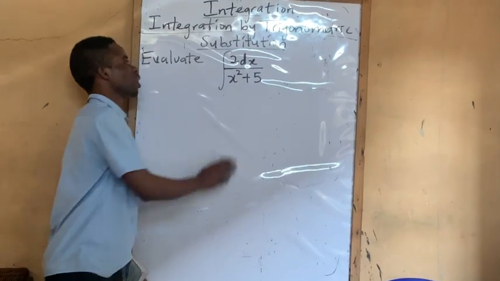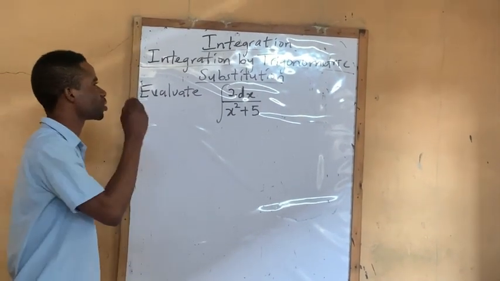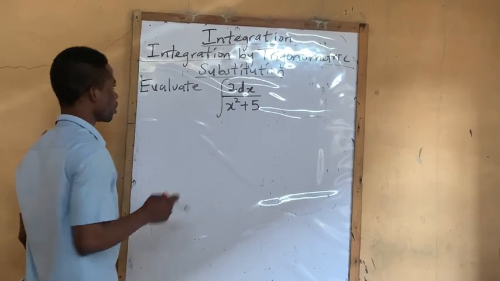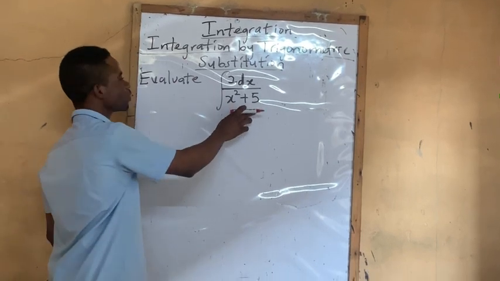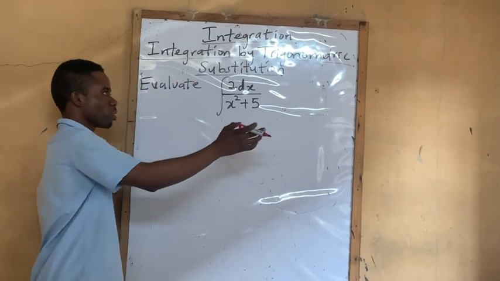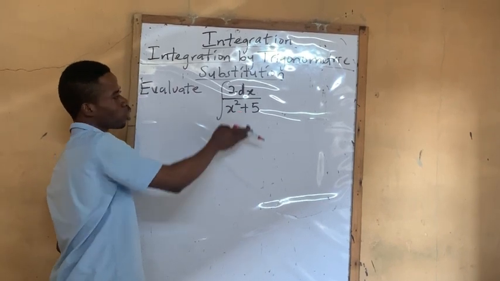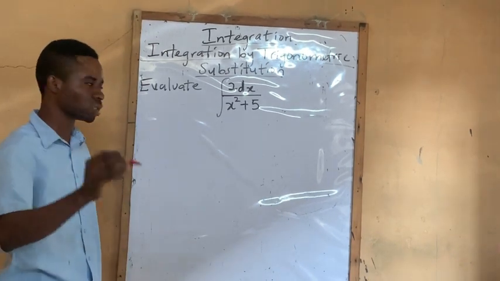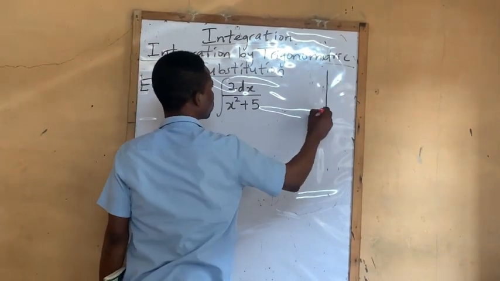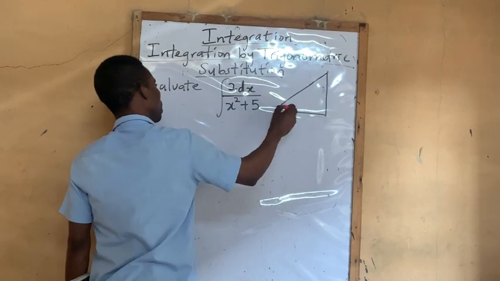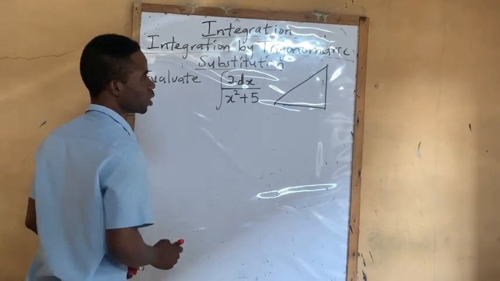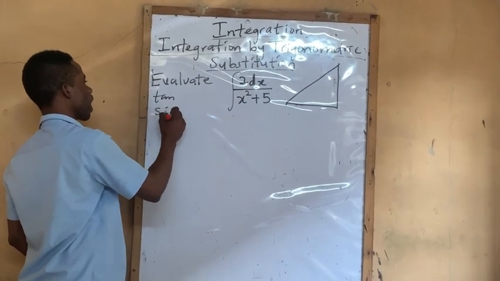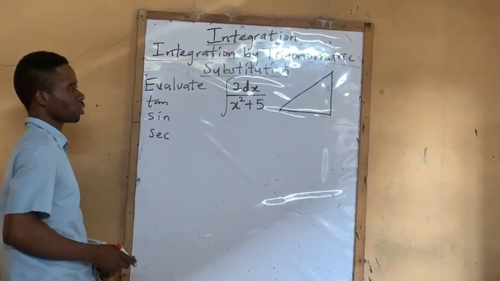We have an integral question like this under the trigonometric substitutions. What we do is that we notice that this 5, our question cannot come like this, because this 5 should come in form of a square so that we can apply our triangle. Now, if you draw your right angle triangle, we are working with tan, sine, and sec.